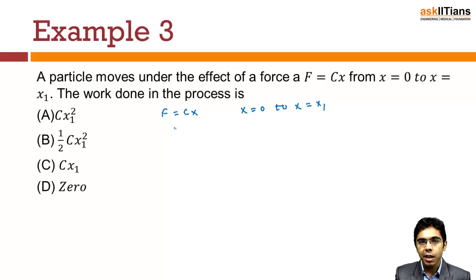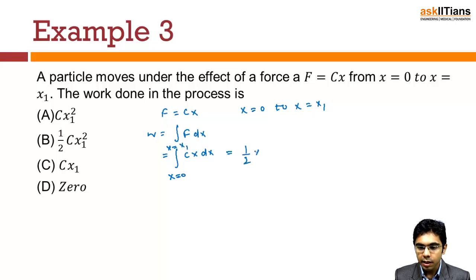So the angle between the force and the displacement vector will be 0. So we can write work equals the integral of F dx, which is Cx dx from x equals 0 to x equals x1. This comes out to be half C x square with limits 0 to x1, so half C x1 square. Therefore option B must be correct.